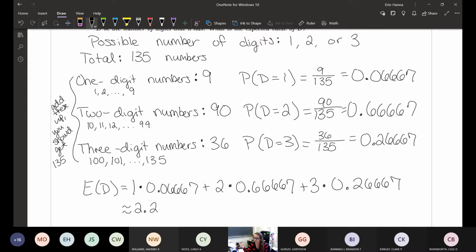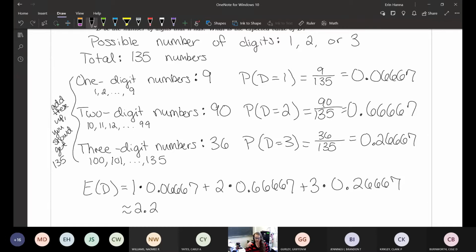Obviously there's no number that's 2.2 digits, but it's just kind of telling us that it's much more likely to get more towards a 2-digit number than it would be getting a 3 or a 1-digit number. And since it's slightly higher than 2, there's probably a slightly higher probability, which there is because we found them all, of getting a 3-digit number than a 1-digit number.